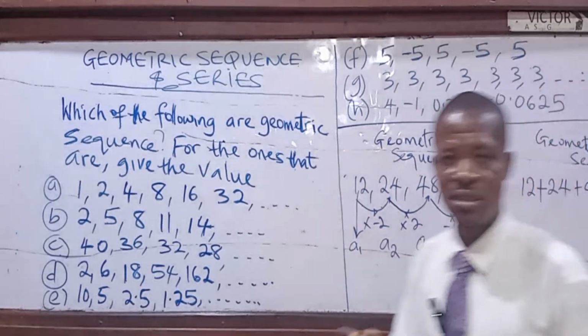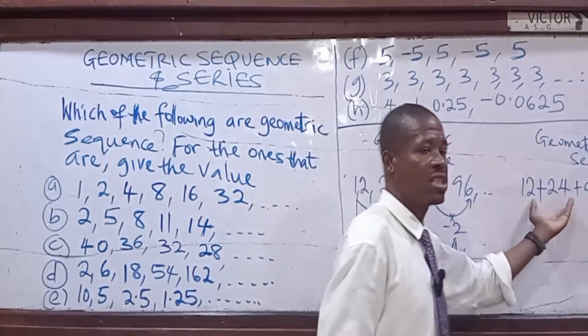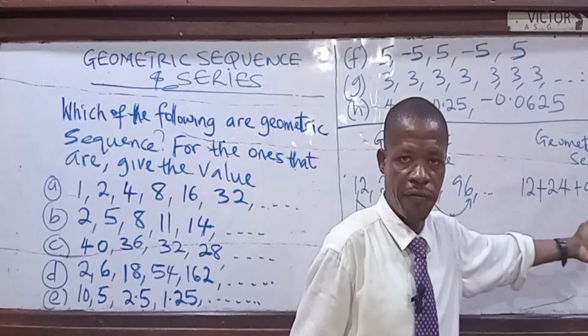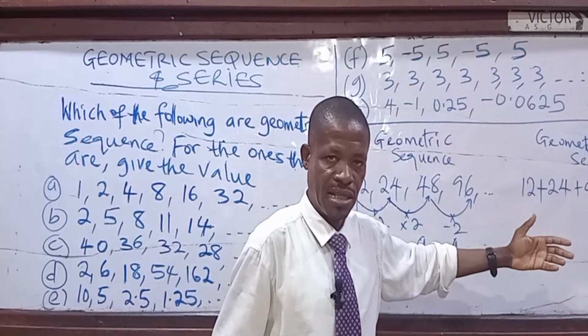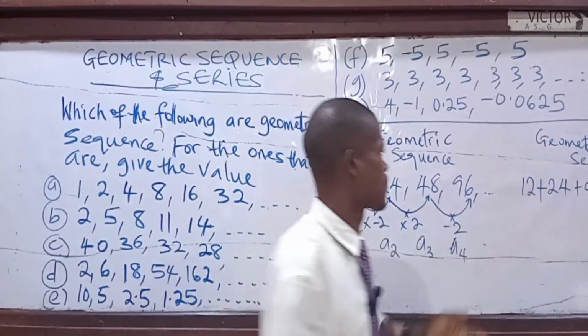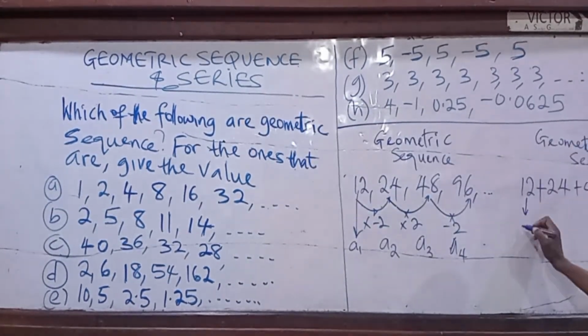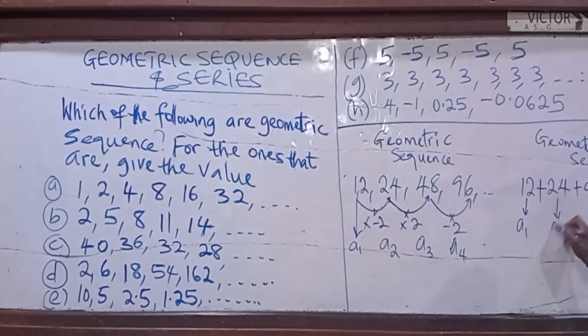The sequence is geometric, but in addition form, while a sequence is in comma format. The first term is A1, the second term is A2, the third term is A3, and the fourth term is A4.